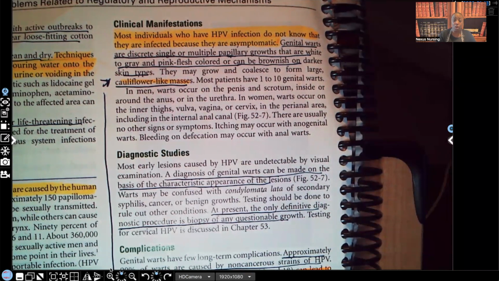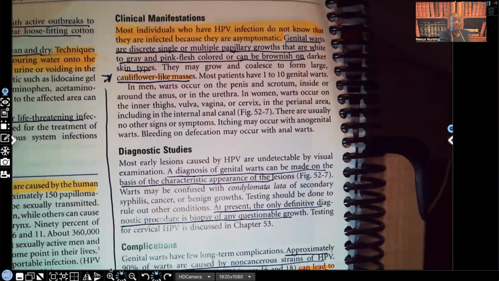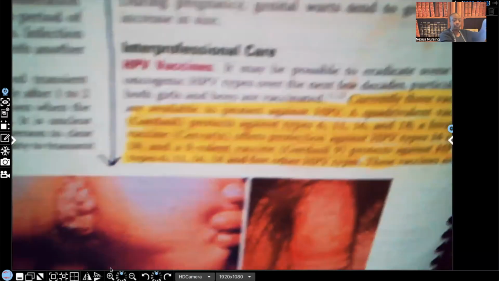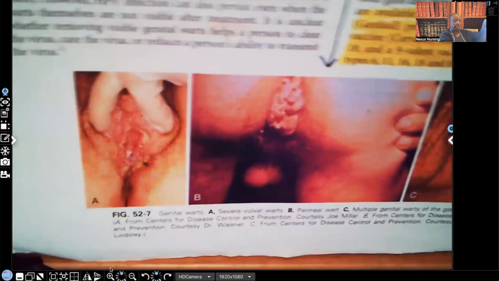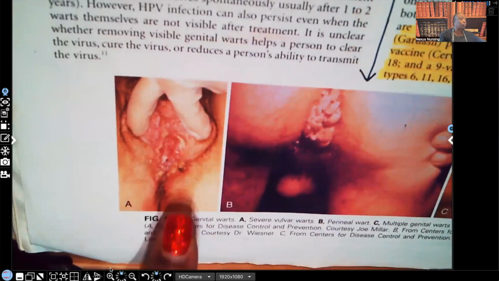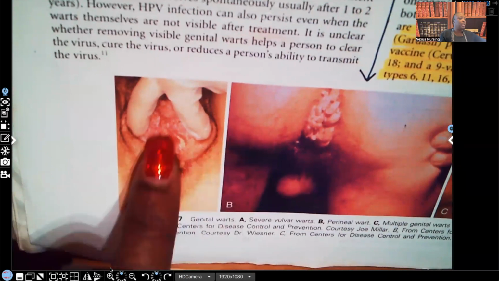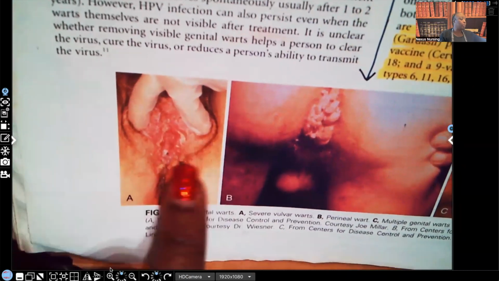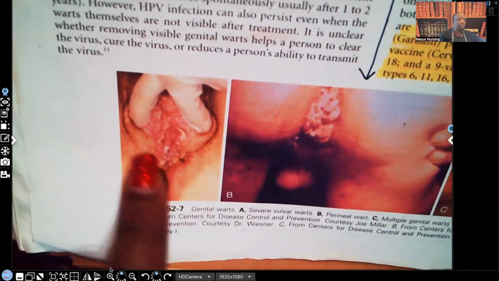But the genital warts, guys, basically look like cauliflower. They look like cauliflower masses, and I'm going to scroll down because I want you to see what I mean when I say cauliflower. Look at all of these multiple papillary growths right here in the vagina.